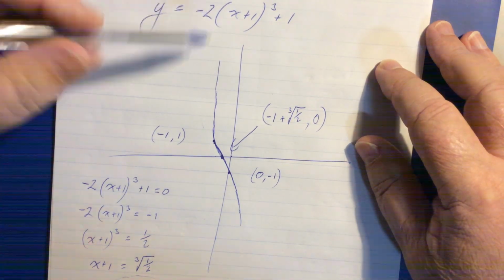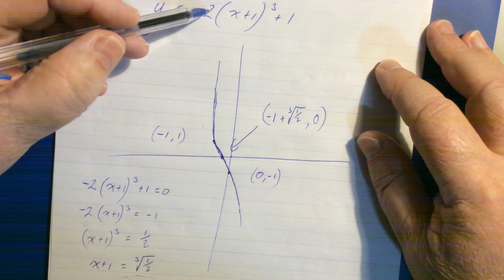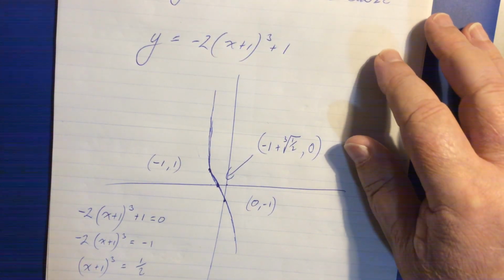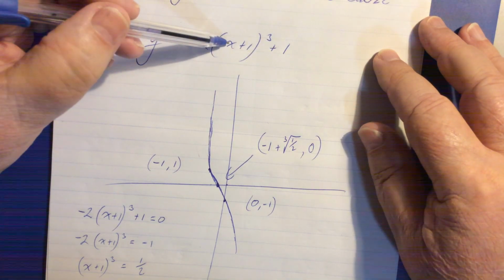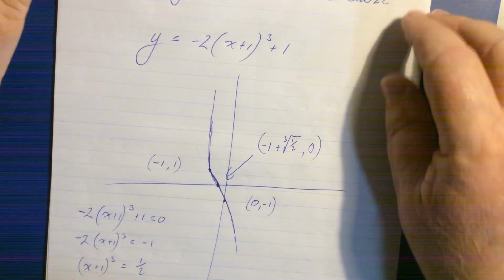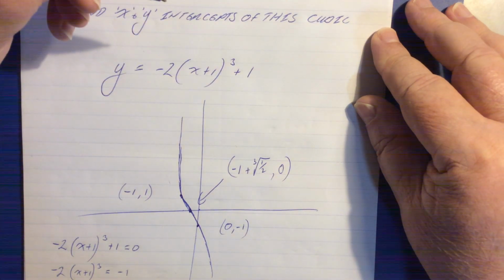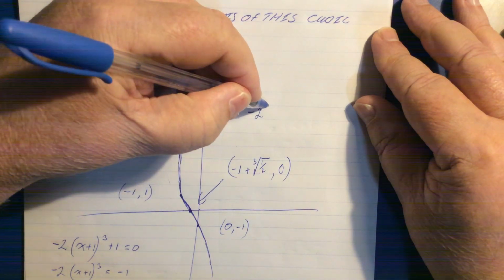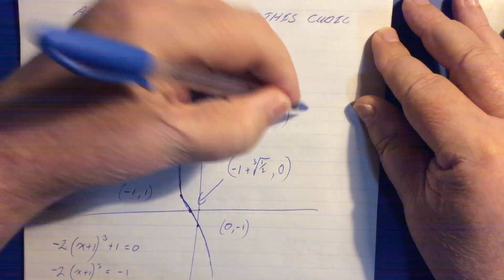Now, there's one other thing to do, and that is we've already taken account of the negative here, but what we really should do is show that we understand the effect of this dilation of 2 here. So what I'm going to do is I'm going to put another number into this equation and just find another point somewhere on here to demonstrate that we understand the dilation. So what am I going to pick? I'll pick 1. So that gives us -2 times (1 plus 1) cubed plus 1.